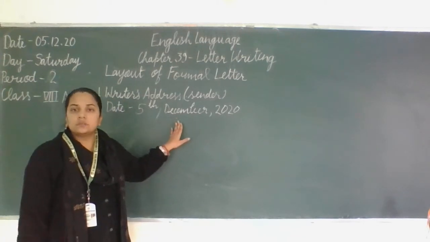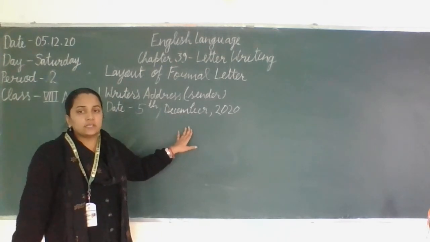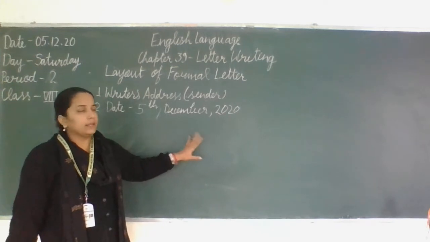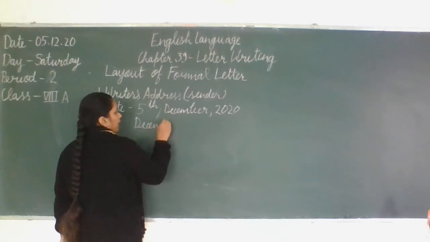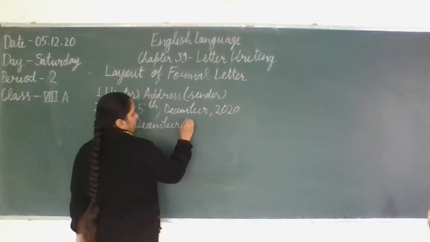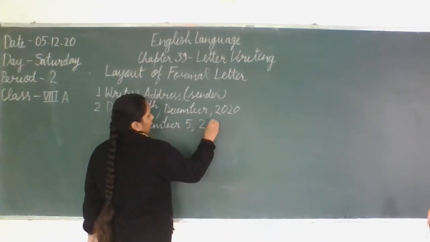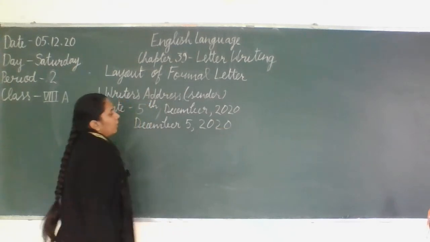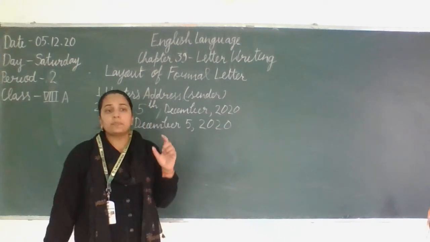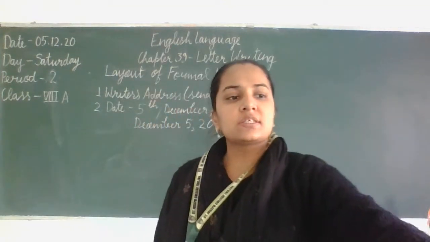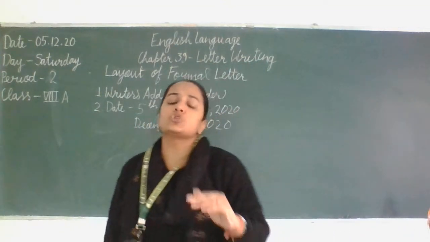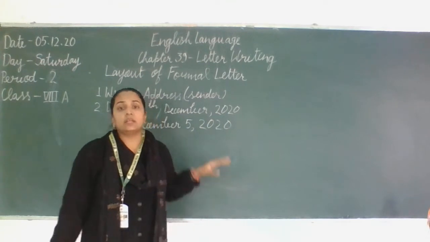Mostly we use this format for writing the date in a letter. Sometimes people use separators in the date. When we use dots or dashes for writing the date, that you should avoid while you are writing the date in a letter.